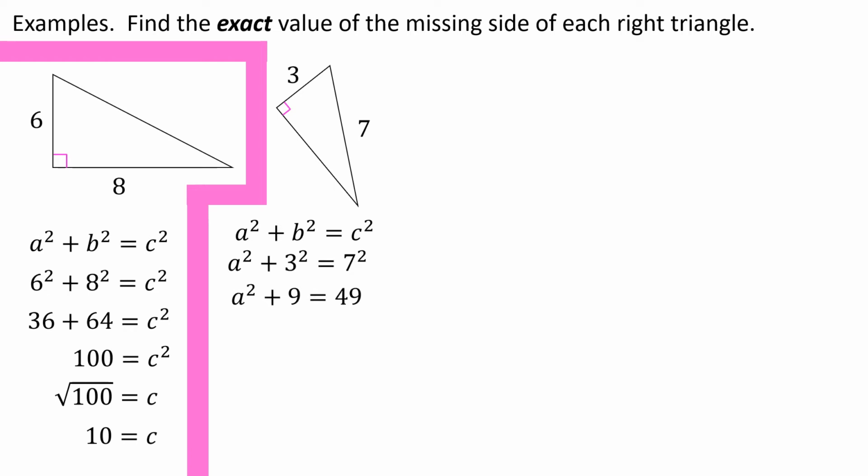Now, even though the Pythagorean theorem has a squared plus b squared, notice we're actually needing to subtract here because we're not trying to find the hypotenuse, we're trying to find one of the legs. So that's why I usually write down a squared plus b squared equals c squared and then plug in values, because otherwise I'll get in a hurry and I'll forget that sometimes I add and sometimes I subtract.